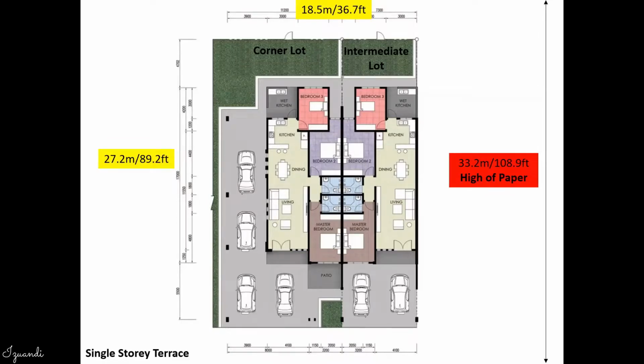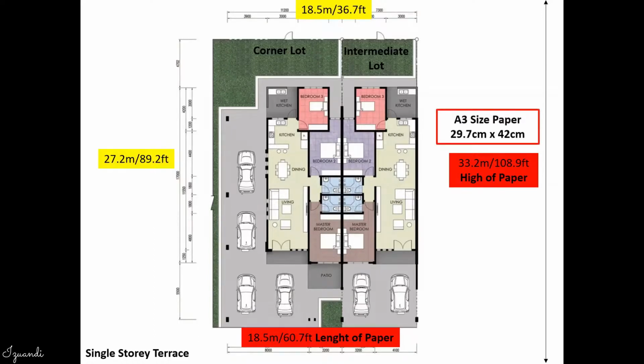But you don't know yet what scale can fit your drawing papers. The width of the drawing is 18.5 meters. This should be no problem because the orientation or the shape of the houses itself is taller compared to the width. So the width will be no problem.